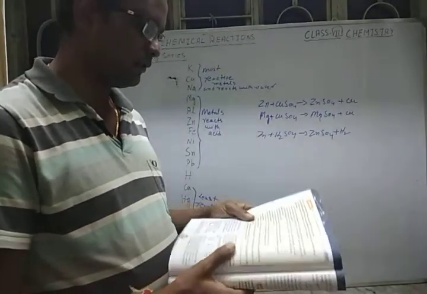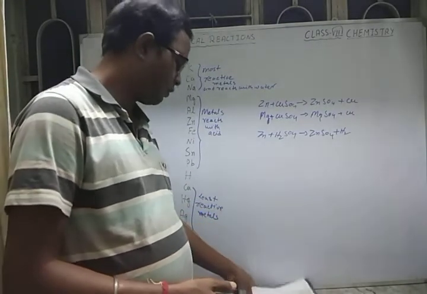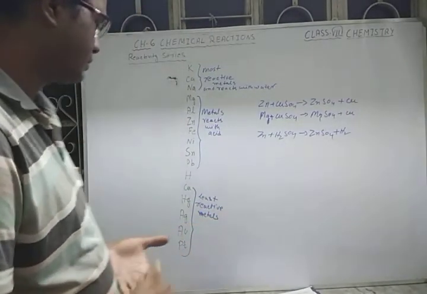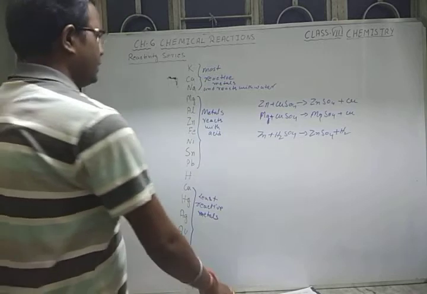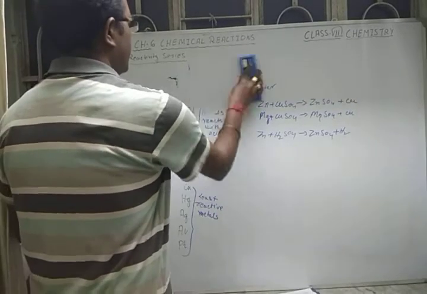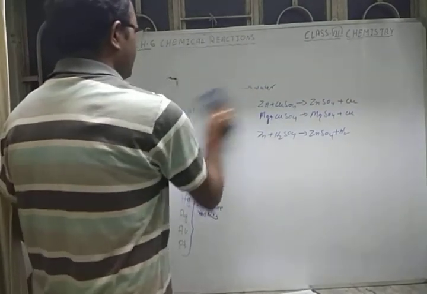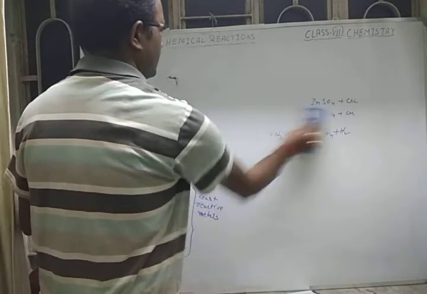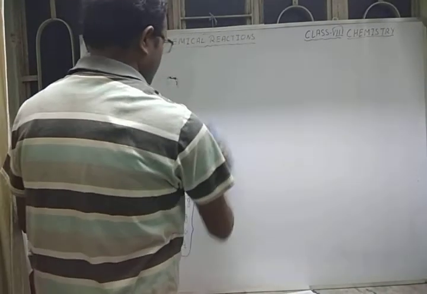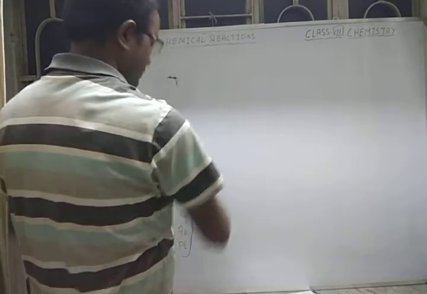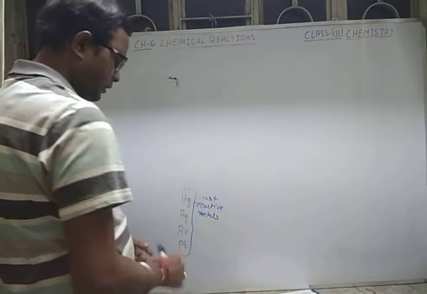After this, the formation of oxides and their classification. After the discussion of the metal activity series, we will move to another section of the chapter, that is oxides and their classification.